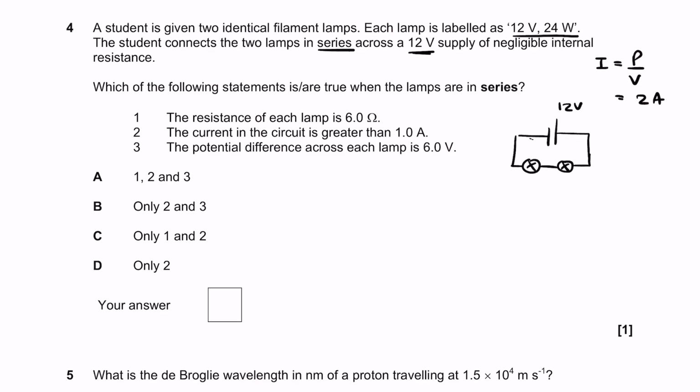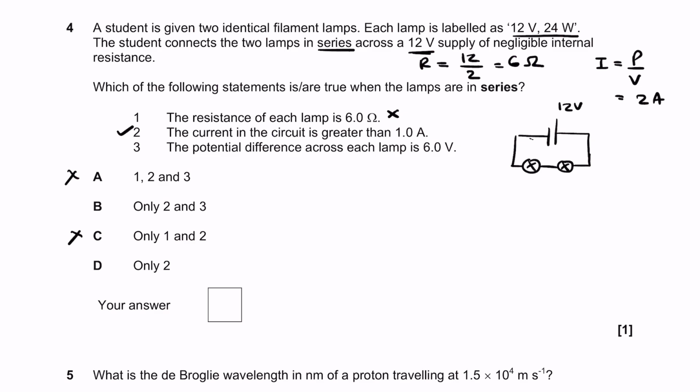So 2 is therefore definitely correct. As for the resistance, the total resistance we can find by using the total voltage, which is 12 over 2 amps, which is 6 ohms. So the total resistance is 6 ohms, so therefore this is definitely not the answer. The resistance of each bulb would be 3 ohms. So that basically eliminates it.